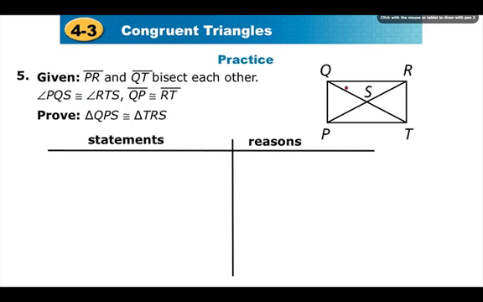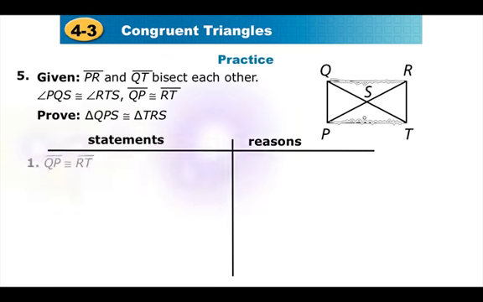So I want to show that these two triangles, QPS and TRS, are congruent. What I'm going to do is ignore this part of the picture. Just ignore this segment here and this segment here, so I won't throw you off, since I'm going to be working with these two triangles.